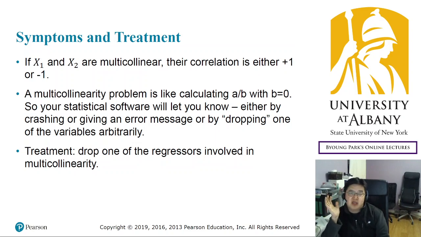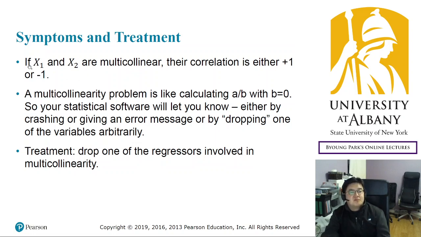The easiest way to see the multicollinearity is to calculate the correlation between regressors. So for example, if x1 and x2 are multicollinear, their correlation is either +1 or -1. So -1 also is a problem.